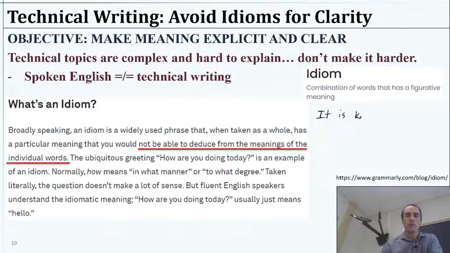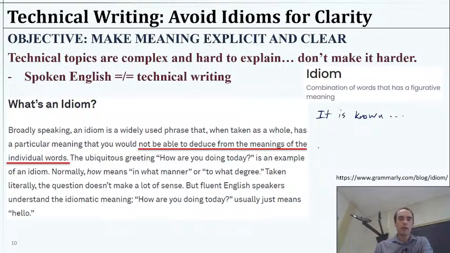it is known, or it is common, things like that, probably really means researchers generally understand, or people tend to believe. This is a generalization of some sort, and maybe it's okay.